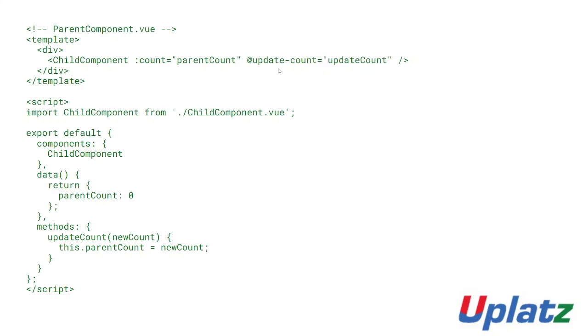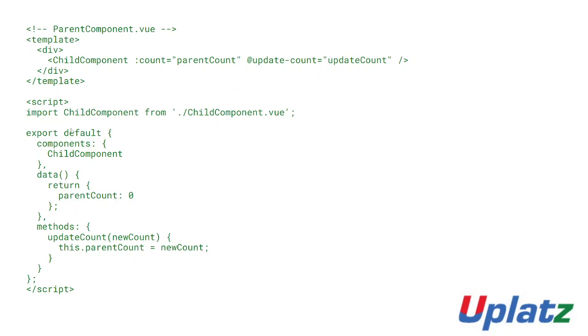So for this event, like click event, as we write at click, here we write at update hyphen count. Sorry, it uses update count. Then div is closed and template tag is also closed. Now script, import child component from /child component .view.